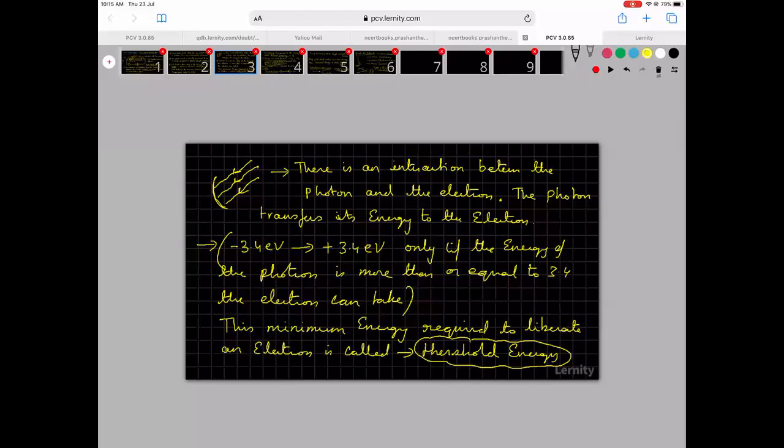Otherwise, it won't be emitted. So that minimum energy required to liberate electrons is called the threshold energy, also called the work function.